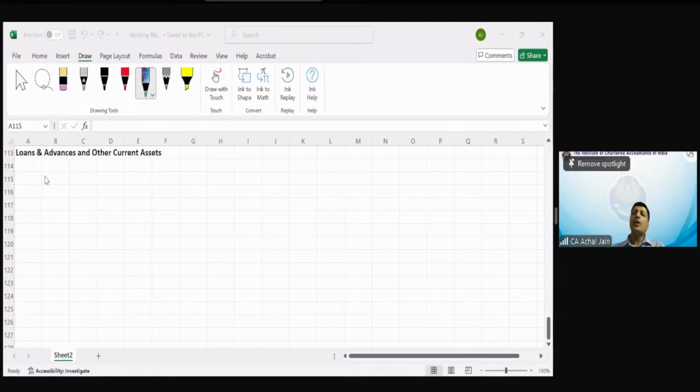Okay, so you're talking about a situation wherein the trade payables are not recorded at the correct amount. Yes or no? So you are saying trade payables are recorded at rupees 100.